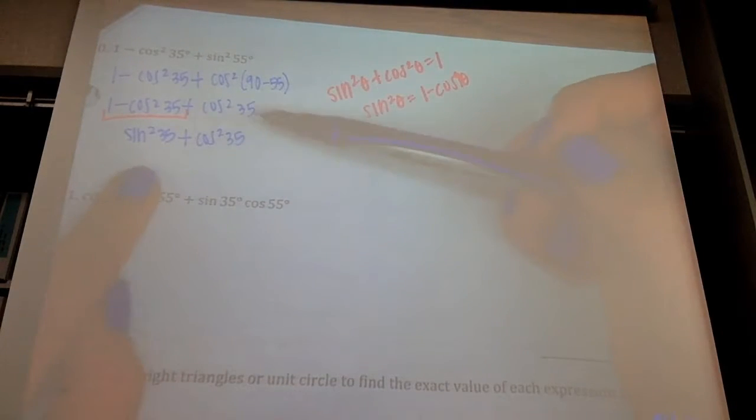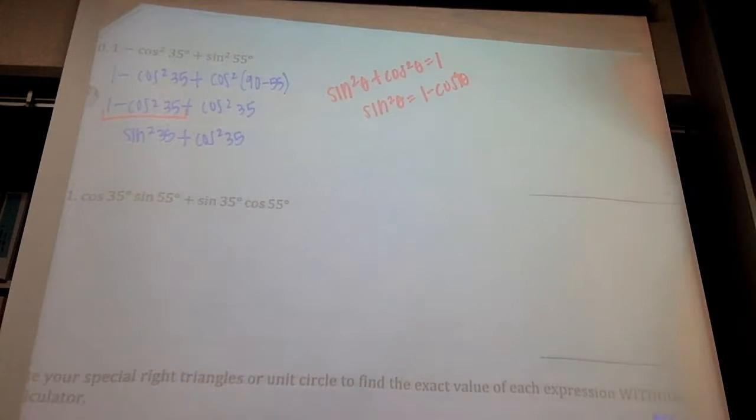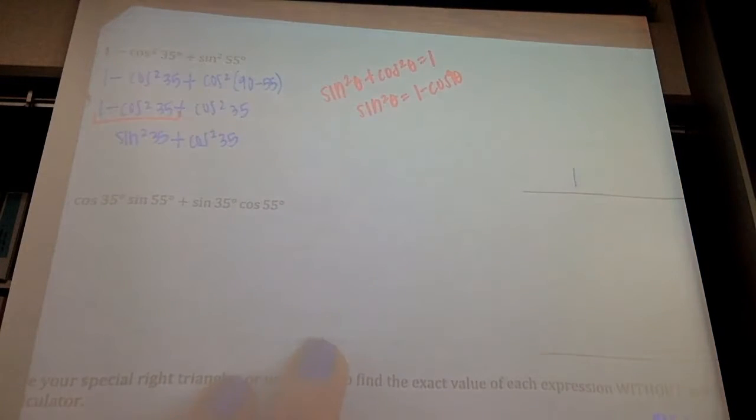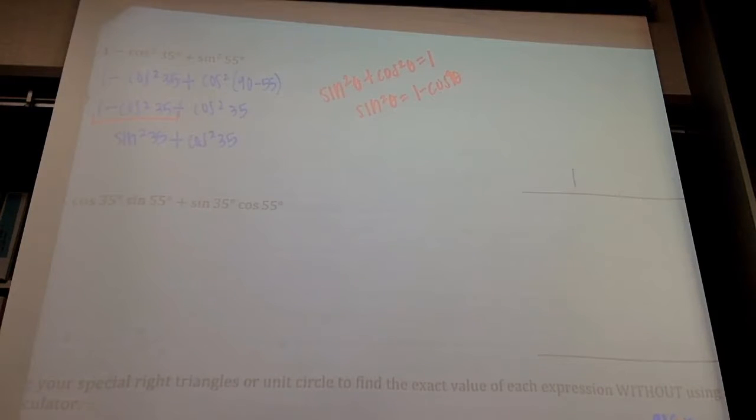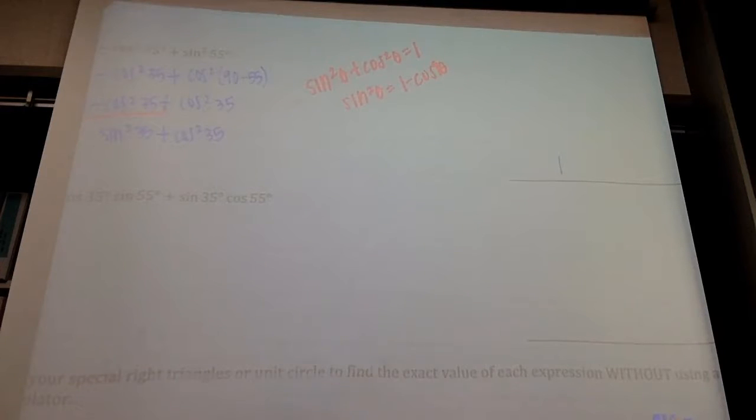Now I have sine squared plus cosine squared, same angle, which simplifies to 1. If you haven't picked up on it yet, you really have to know your identities. If you don't, that should be your main concern: knowing your identities frontwards and backwards.